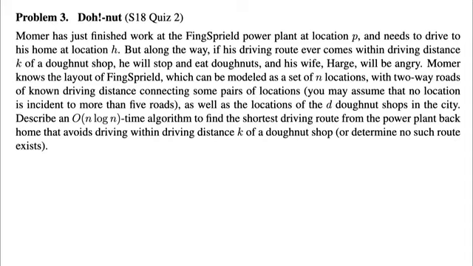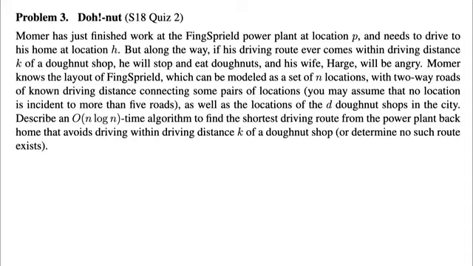They say he knows the known driving distance connecting some pairs of locations. So usually if I were writing this problem now, I would probably be a little bit more explicit. The distance is positive, but that's something you might come into contact with, right? Distances are positive, and so we can't have negative distances here, okay? So I look at n log n, I'm like, hey, what has a log in it in this unit? Dijkstra? Maybe I can use Dijkstra.